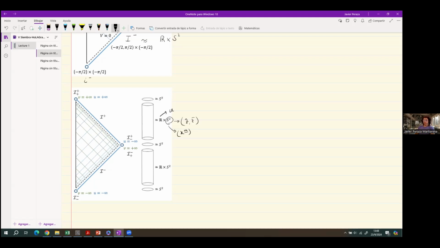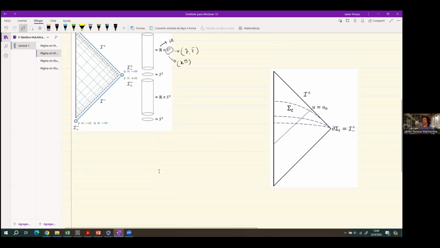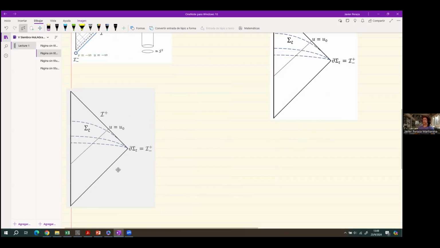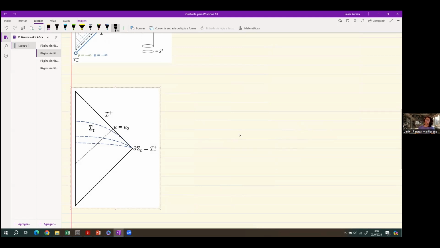Next, I want to discuss briefly how to go from a Cauchy surface in Minkowski to null infinity, and this can be done pretty easily. Let me draw it. So let us consider constant t surfaces.